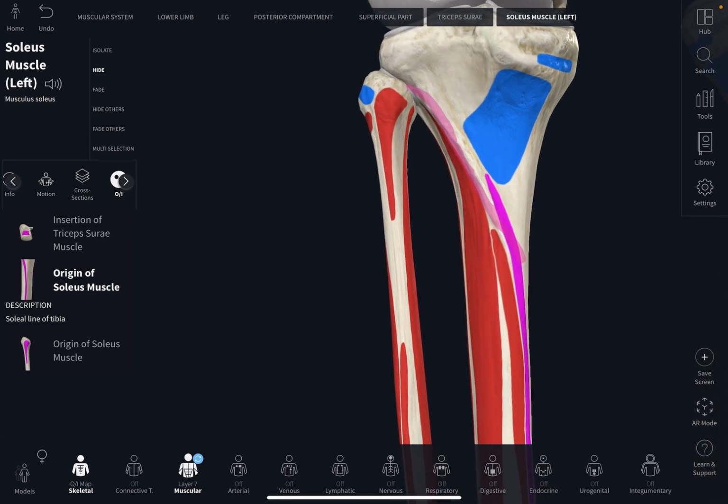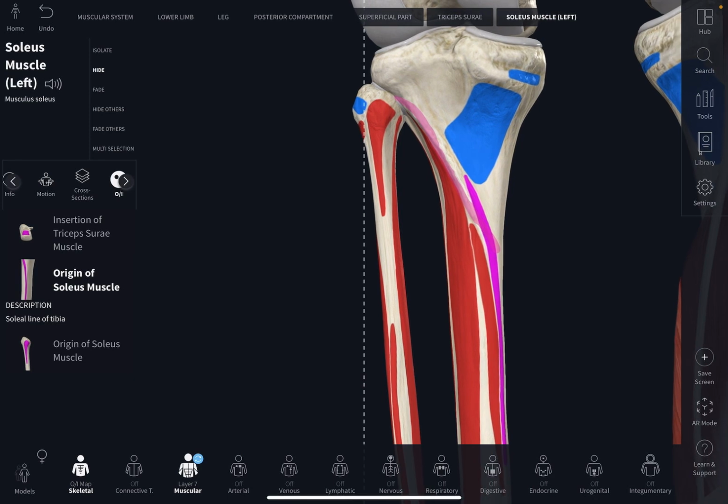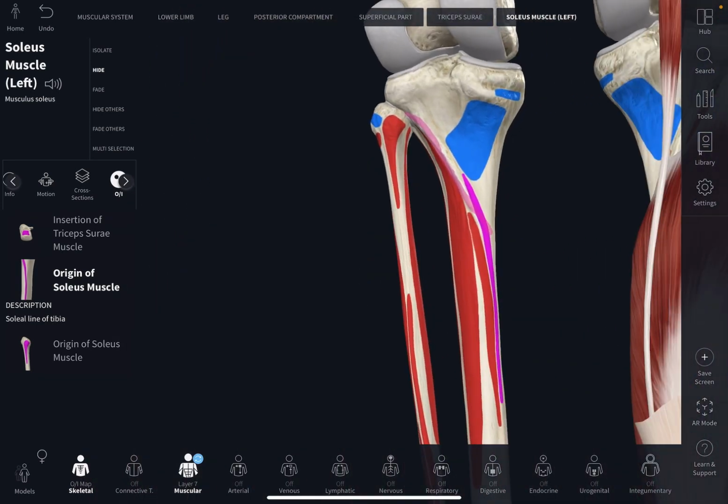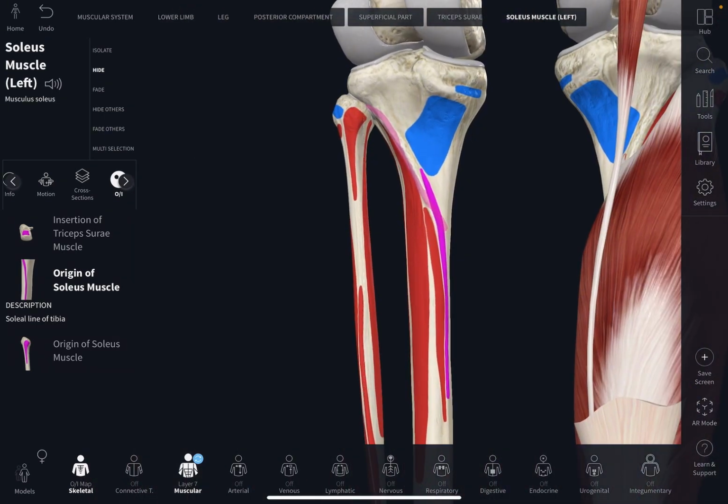These are going to be the origin sites for the soleus. And they are also going to insert themselves in the calcaneal tendon. And this is going to help out with plantar flexion. And it's independent of the knee. Unlike the gastrocnemius, which can only do plantar flexion when the knee is extended, the soleus does it when it's flexed or extended. So this is going to offer more posture stability.